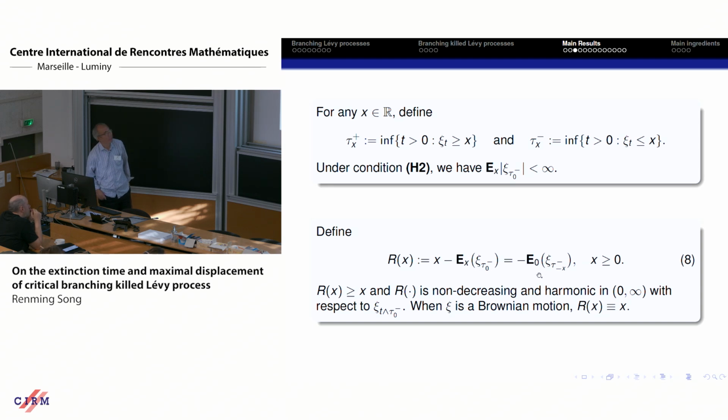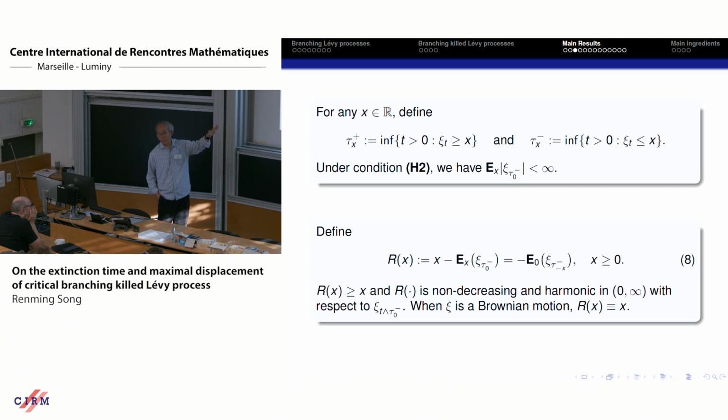Therefore, you can easily see that R of x is always greater than or equal to x, because starting from x, you're going to go below the origin. And the function R is non-decreasing and harmonic with respect to this stopped process. And of course, in the case when Z is Brownian motion, this R of x simply equals x.